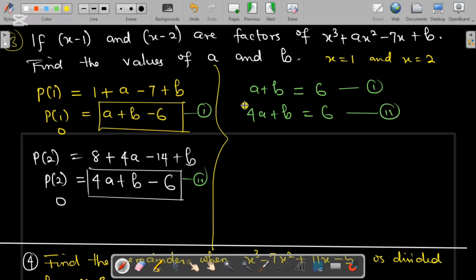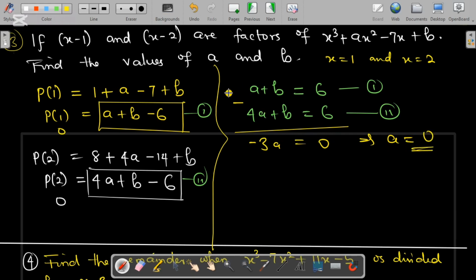And here we can solve both simultaneously by the elimination method, because we have b here, so those two can go. So a minus 4a will be minus 3a, b minus b will go, 6 minus 6 is 0, and you are done. Your a is simply equal to 0 over minus 3, which is 0.